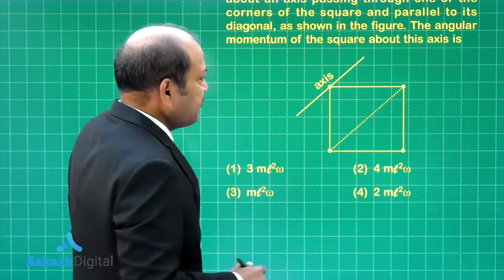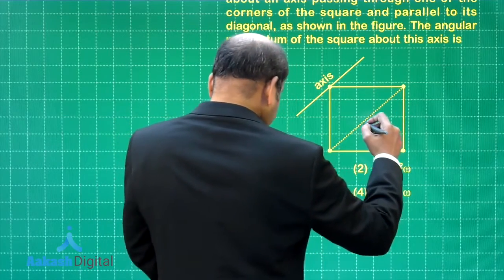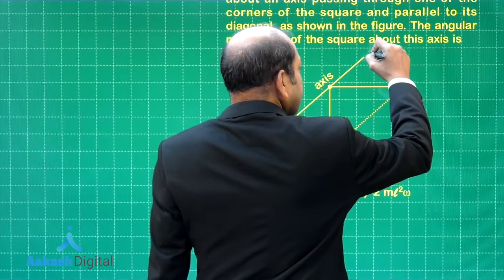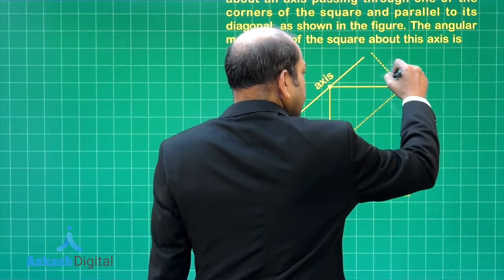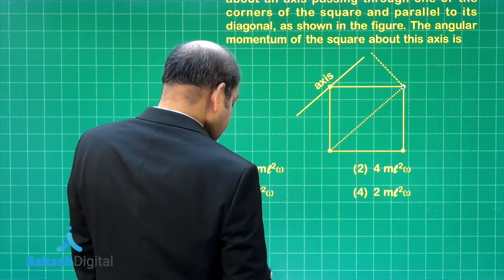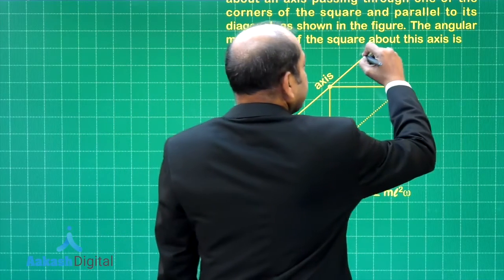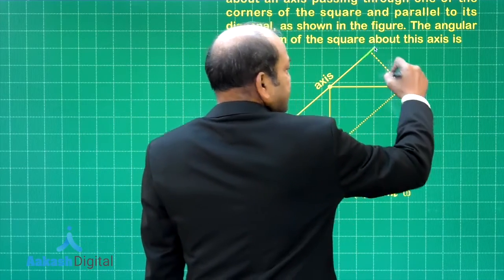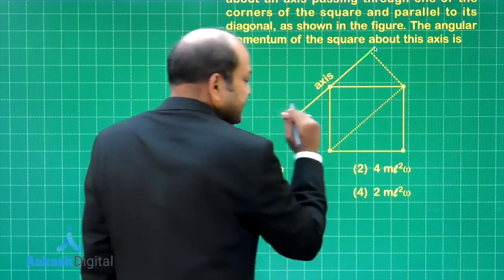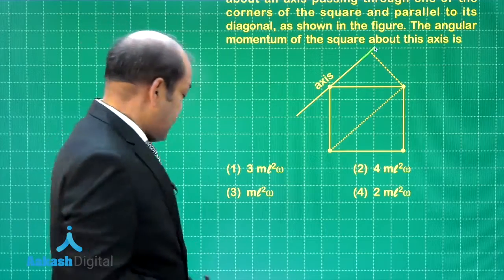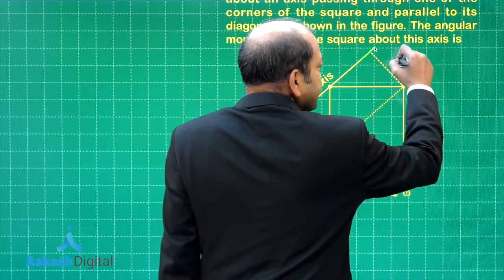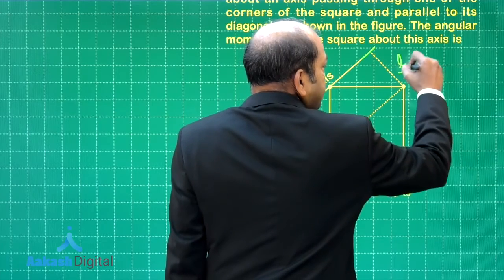Okay. So, that means this distance, if we show this distance with the help of a dotted line, let us draw a perpendicular from the particle to the axis, and let us stretch this line further. So, this is the distance of this particle as well as this particle. And what is this distance? As I said, this is half the diagonal, that means it is equal to L divided by root 2.